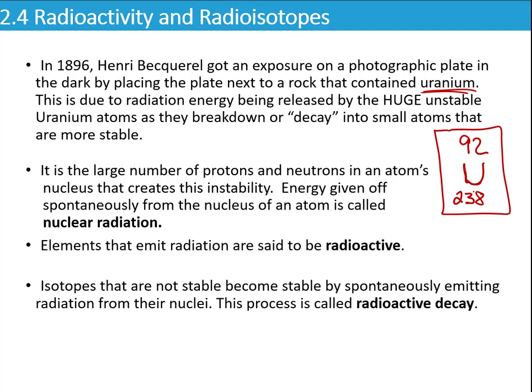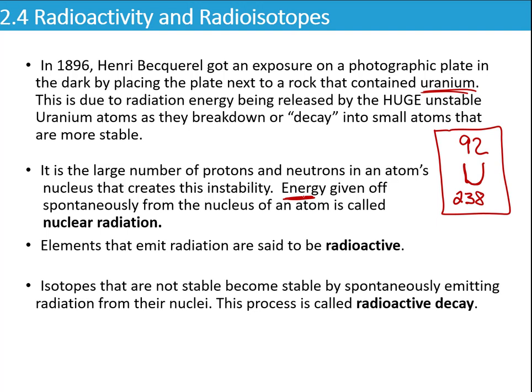So he said, there is something in this room that is exposing this film. So he started putting the film in different spots in the room, and he found if he put it anywhere near the uranium, it would turn white. So by experimentation, he came up with this idea that there is energy that I cannot see, but there is energy coming off of this element. And that energy, it's radiating.